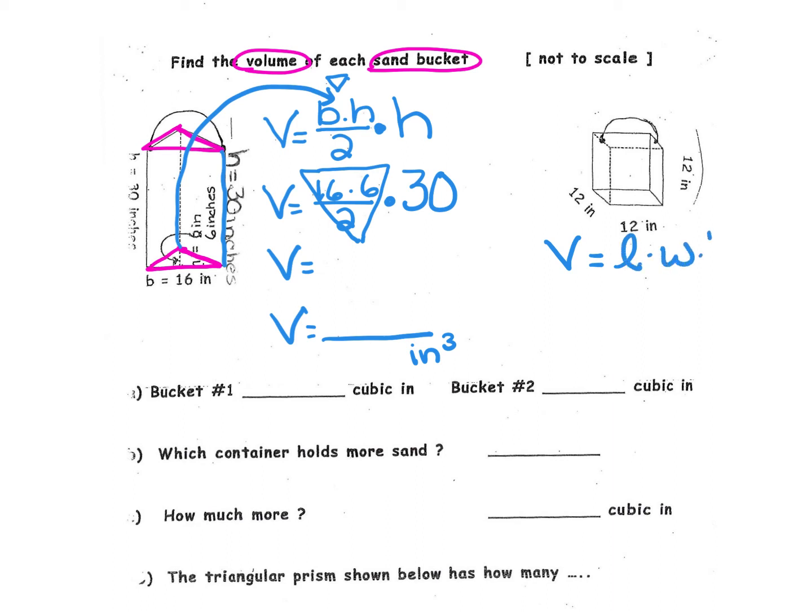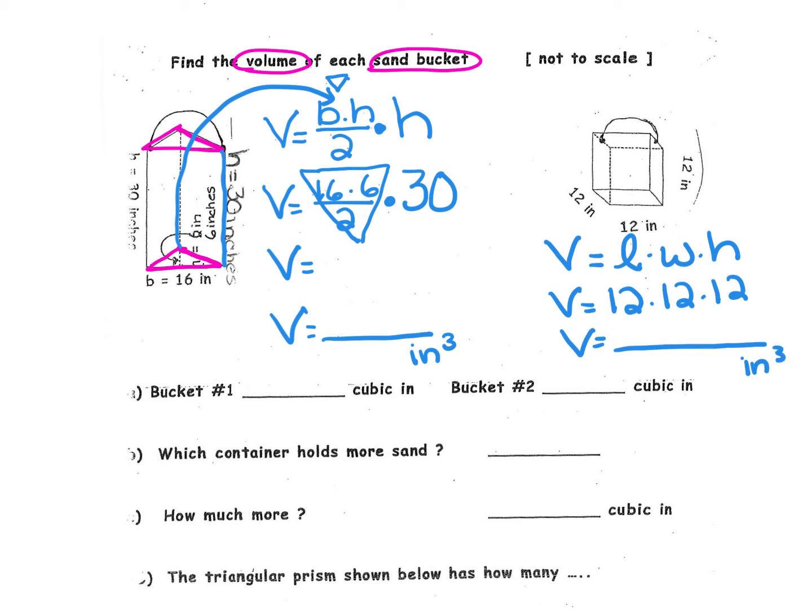Length times width times height. And in this case, we know it's a perfect cube based on the dimensions. 12 times 12 times 12. Go ahead and find the volume of the cube.